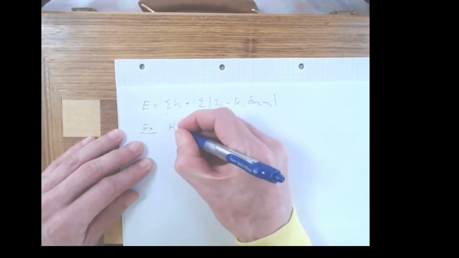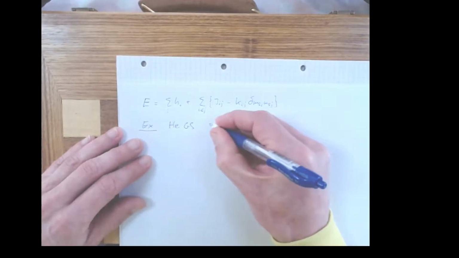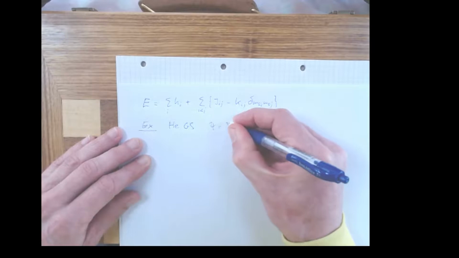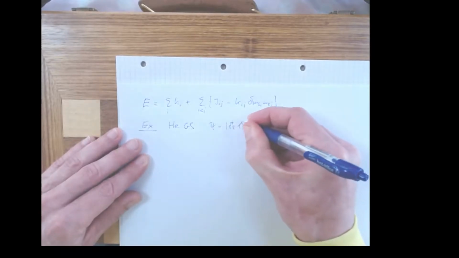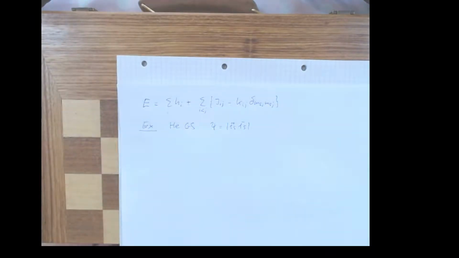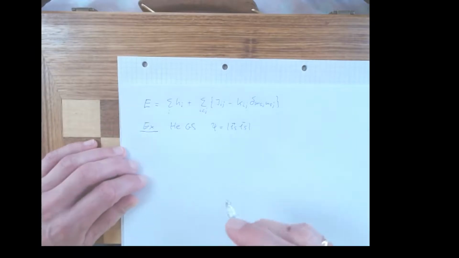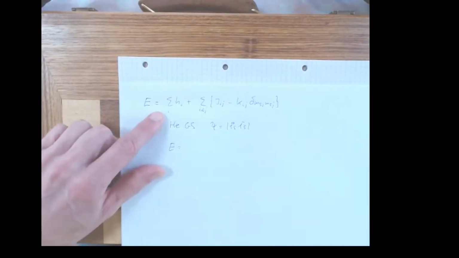So the first thing we might look at is the helium ground state. So this is a state of this form, a 1s2 configuration, one of those states having spin up and the other having spin down. So let me use my expression here.